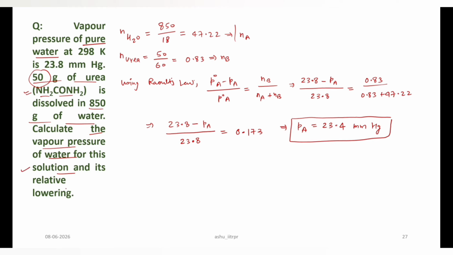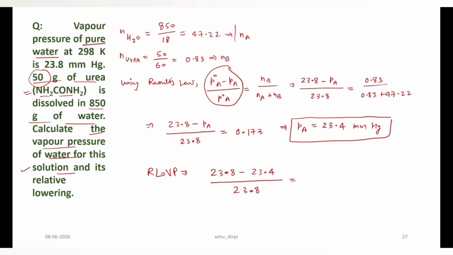Now we have to calculate its relative lowering. What is the formula of relative lowering? This is the formula. We know P naught A is 23.8, so to calculate the relative lowering of vapor pressure, we write 23.8 minus P. Now we know the value of P, it is 23.4, divided by P naught, again 23.8.